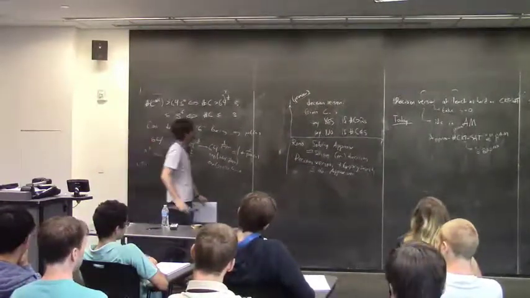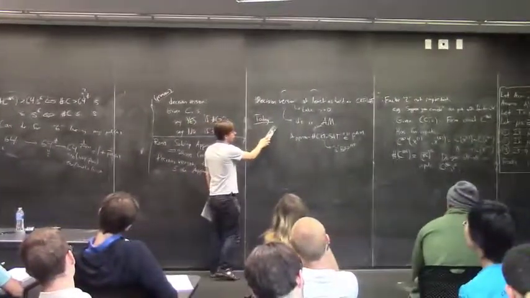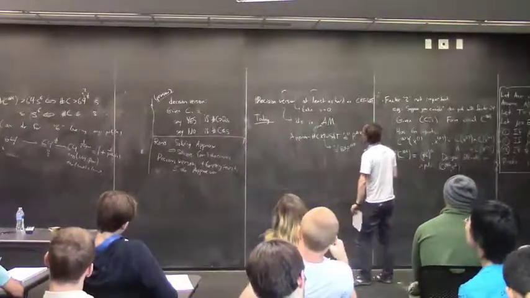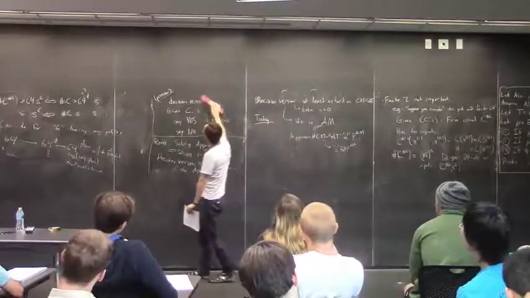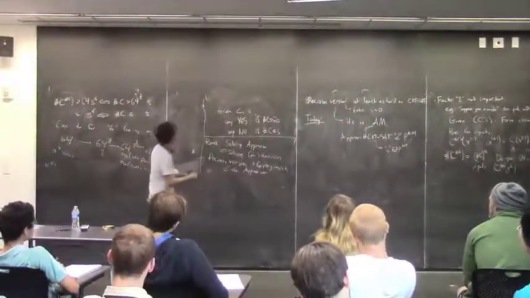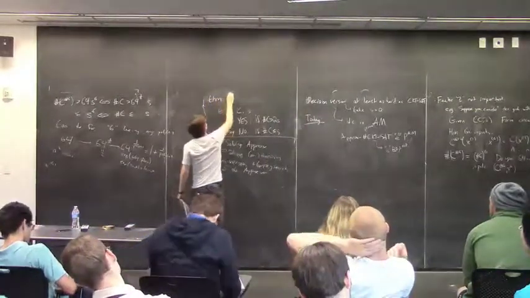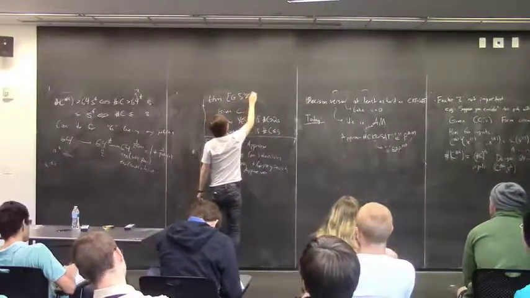Okay, so this is what I want to show now: that this problem is in AM. And I'll use this just so that I can be a bit lazy. Let me write this. It's a theorem due to Shafi Goldwasser and Mike Sipser in '86.